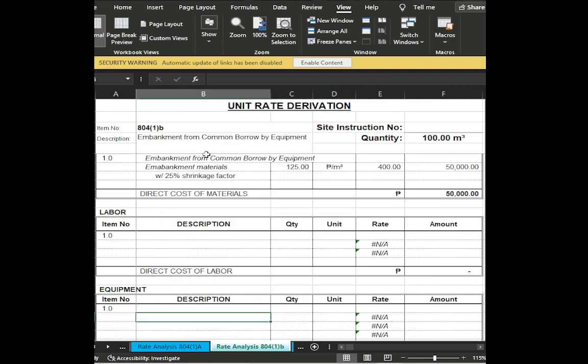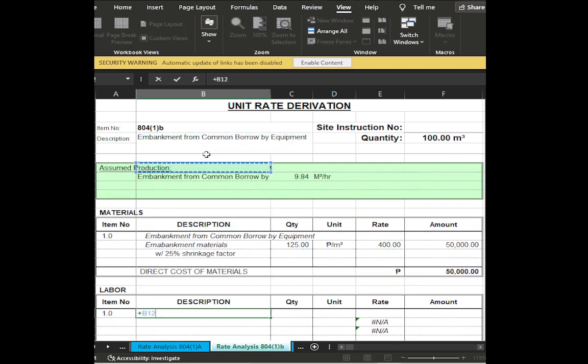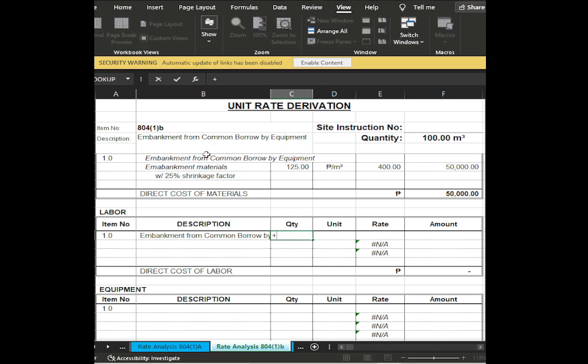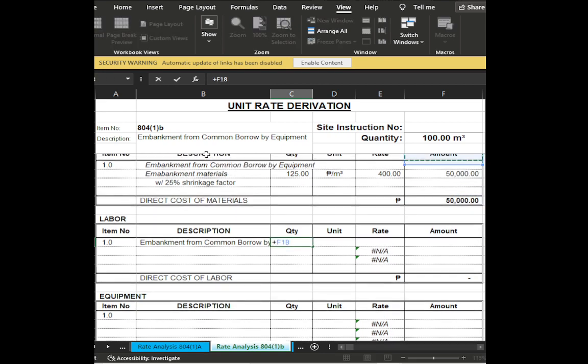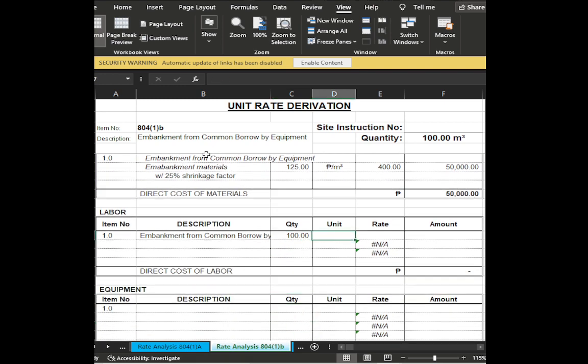And for our labor for this one, we will just copy it. Our unit is cubic meter, peso per cubic meter, then peso per hour.